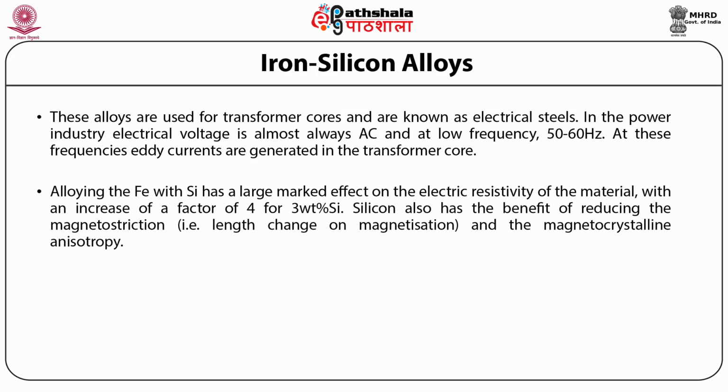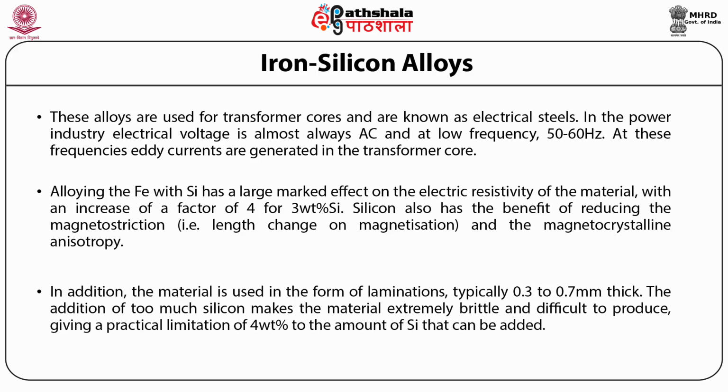Alloying the iron with silicon has a marked effect on the electrical resistivity of the material, with an increase of a factor of 4 for 3 weight% of silicon. Silicon also has the benefit of reducing the magnetostriction, that is, the length change on magnetization, and the magnetocrystalline anisotropy.